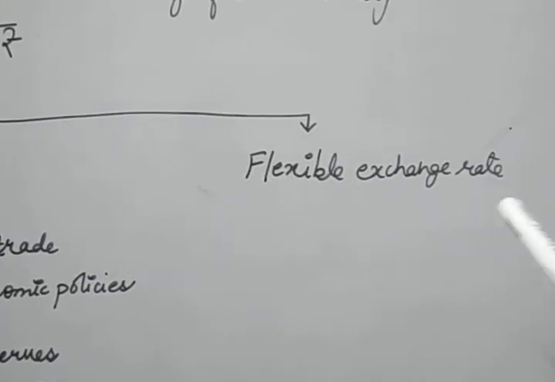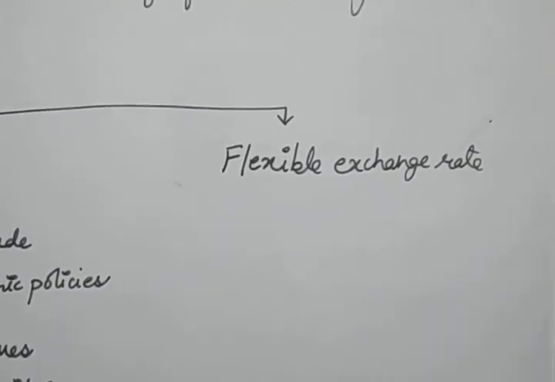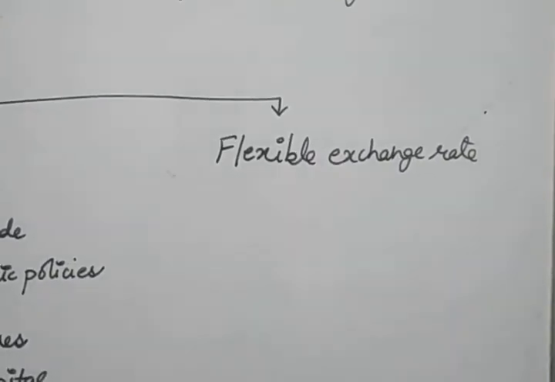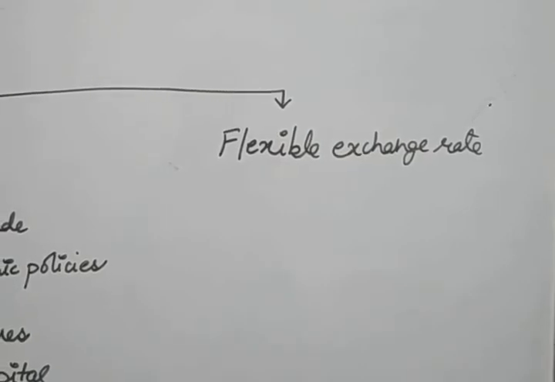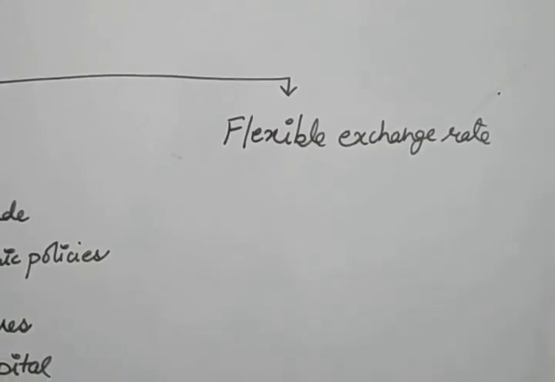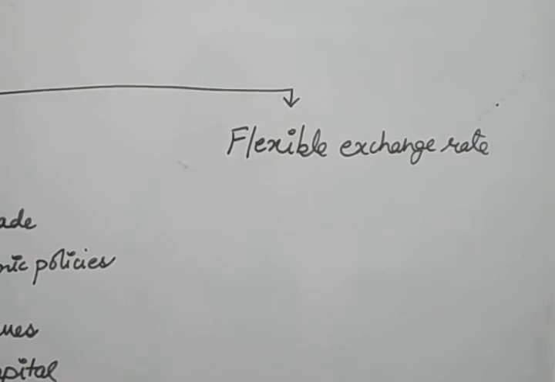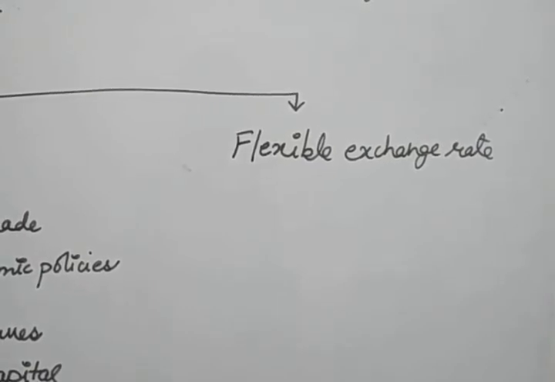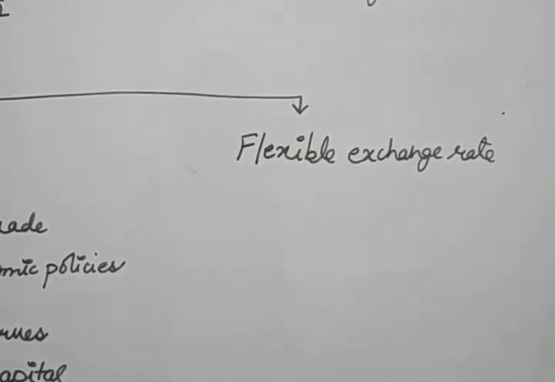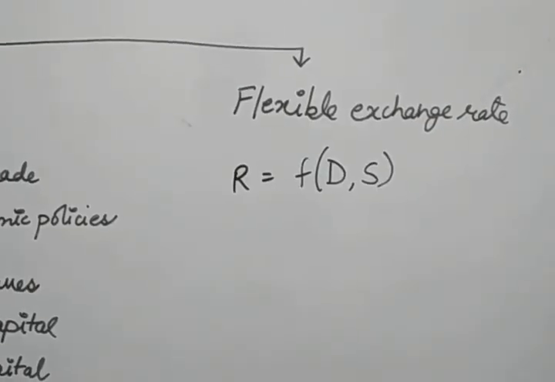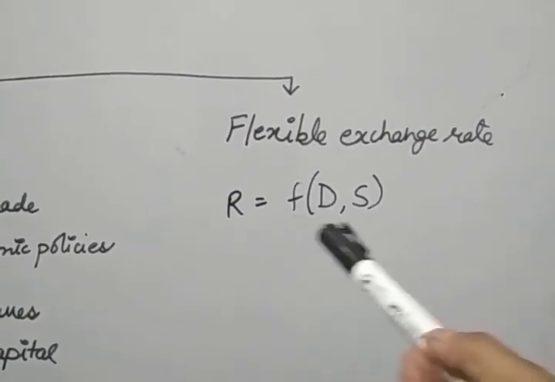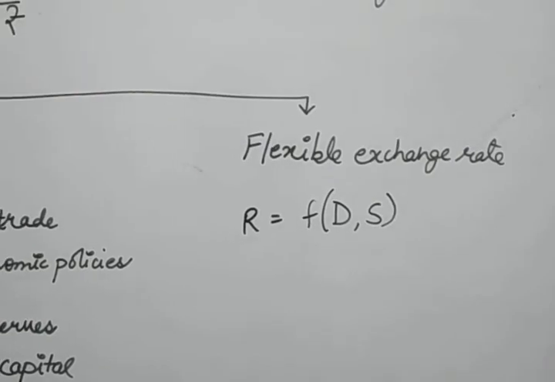But in the flexible exchange rate system, this is free from the control of the government. The value of the currency is allowed to fluctuate or adjust by the change in market demand and market supply. So here the rate of exchange is a function of demand and supply.